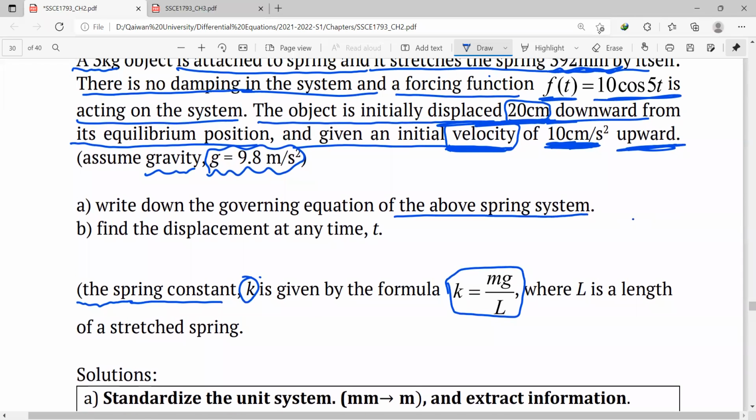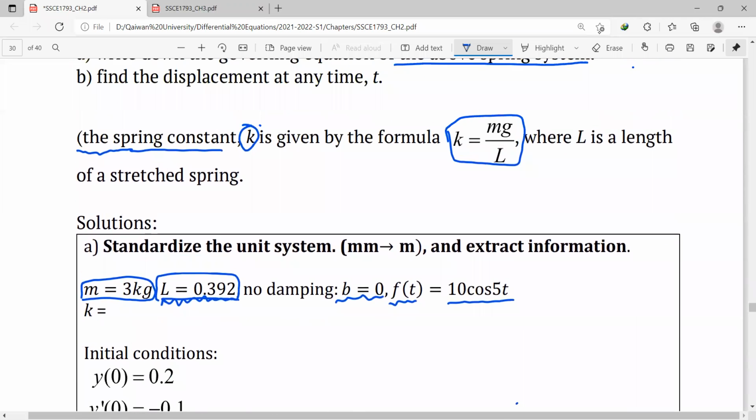We are also given that the initial displacement is 20 centimeters, meaning y of 0 is 0.2. To convert this to meters, we divide by 100. If we divide 20 by 100, we get 0.2. So y of 0, the initial displacement, is 0.2.